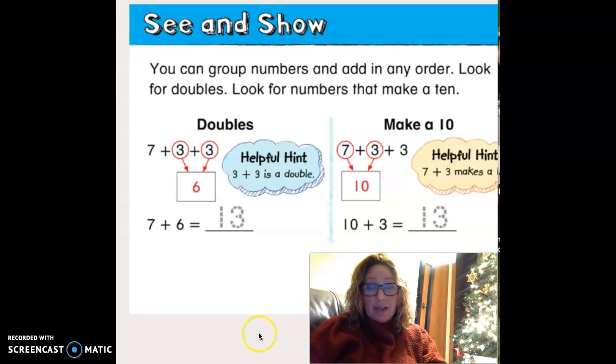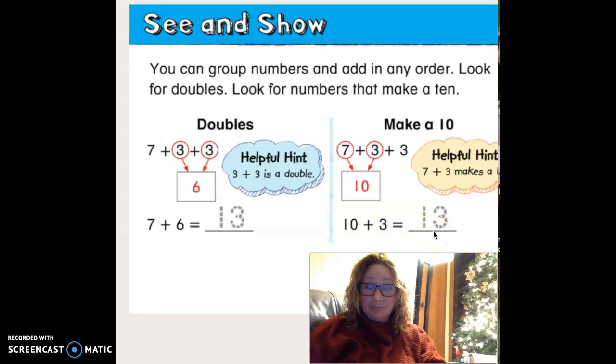I know we've worked on all the ways to make 10, like 1 plus 9, 2 plus 8, and look here, there's 7 plus 3. If you know that that's a 10 right away, you can take the 7 and 3 and get the 10, and then have the 10 and add the 3, which equals 13.